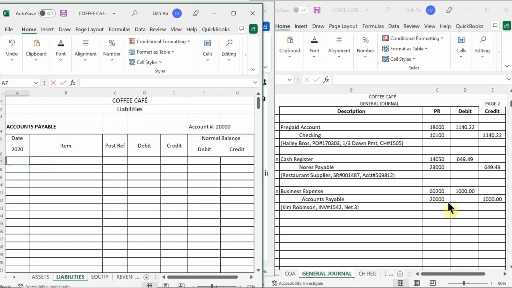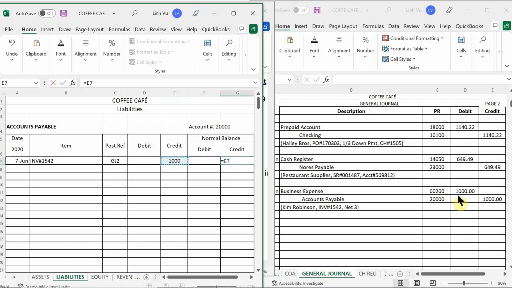So in this case, we're going to record in our accounts payable account that we received invoice number 1542. That should be good enough information because I can pull this up and, if I look on journal page 2, look up this invoice number 1542 and figure out that it's from Kim Robinson. Because it's a credit, I owe money.